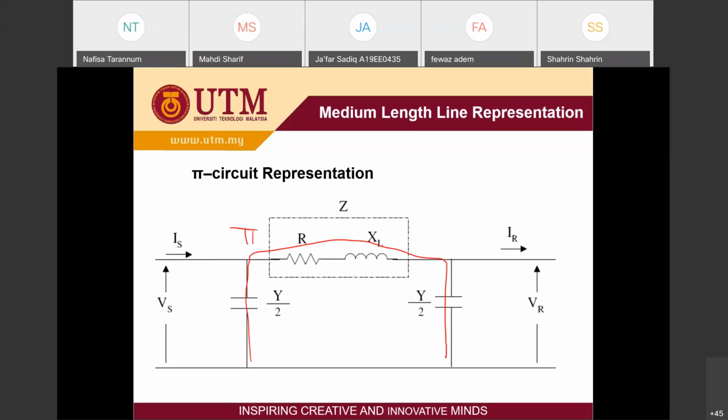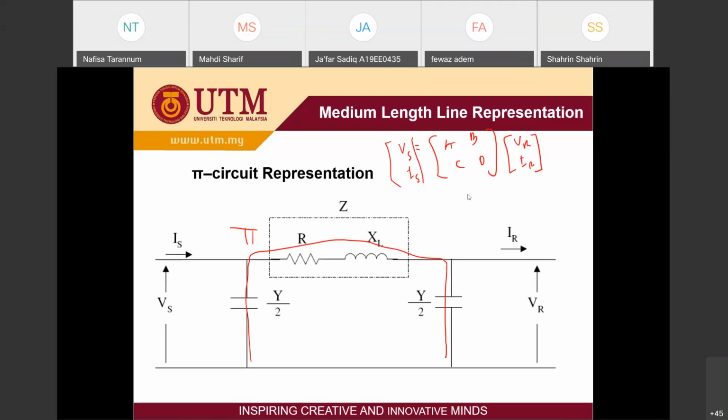So same thing, you need to get the relationship between VS, IS, and also this matrix form A, B, C, D, VR, and also IR from here.